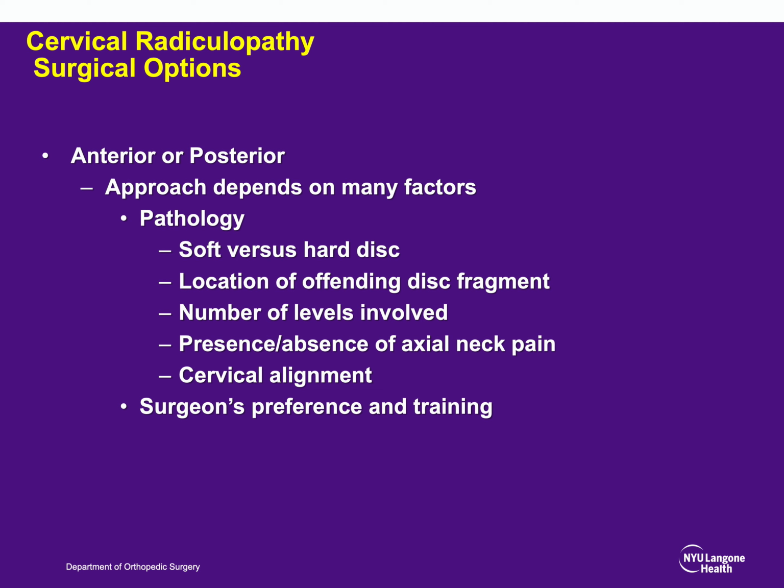It depends on many factors, including the pathology, soft versus hard disc, location of the disc fragment, how many levels are involved, the presence or absence of any axial neck pain, and one has to always pay attention to the presenting cervical alignment.